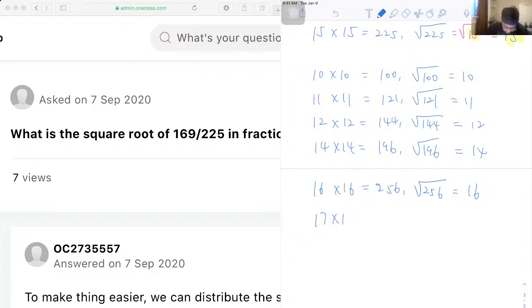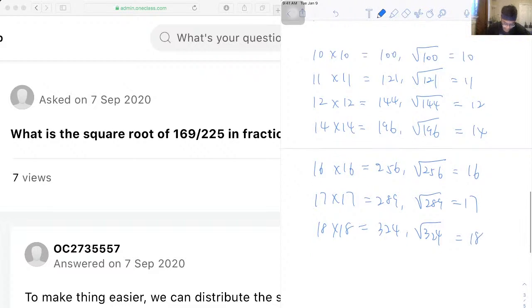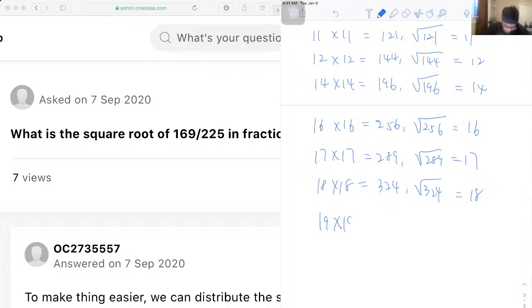And 17 times 17 should be 289, so the root of 289 is just equal to 17. 18 times 18 should be 324, and the square root of 324 is equal to 18. And we have 19. 19 squared should be 361, and the square root of 361 is just equal to 19.